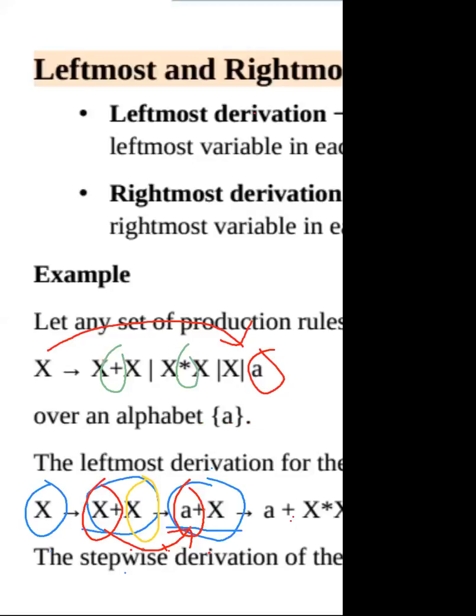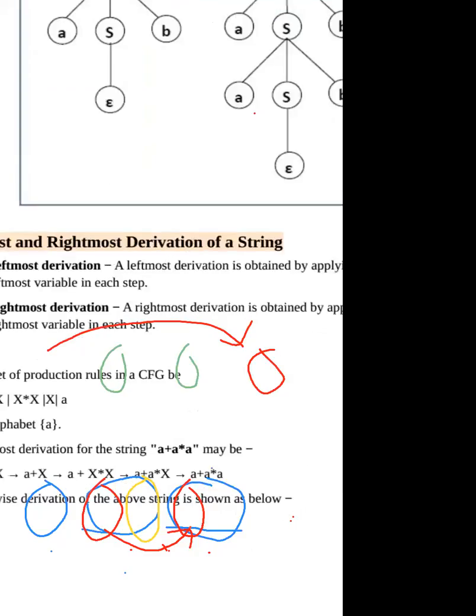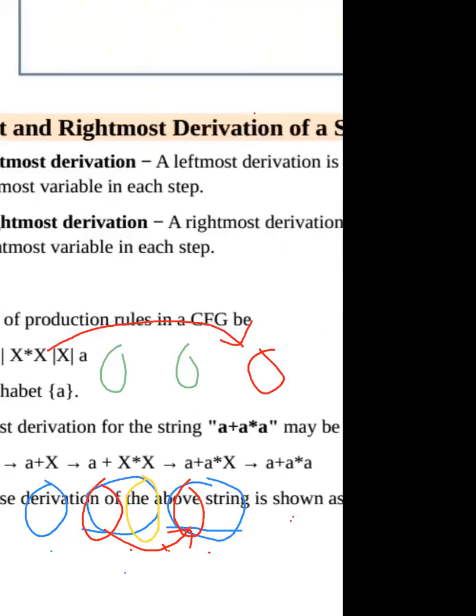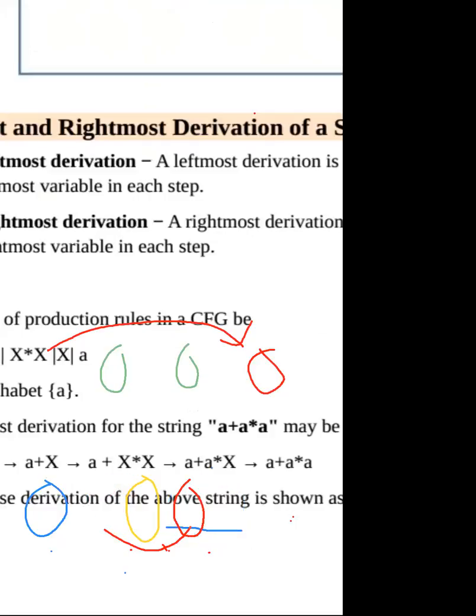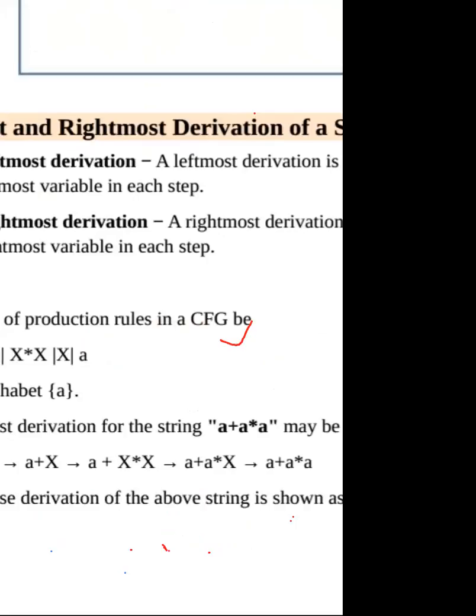Achha, then second step. Next, look: the next line is A X into X. So in the next line, the X is replaced by X into X. Now tell me at this point, we have A plus X, right?